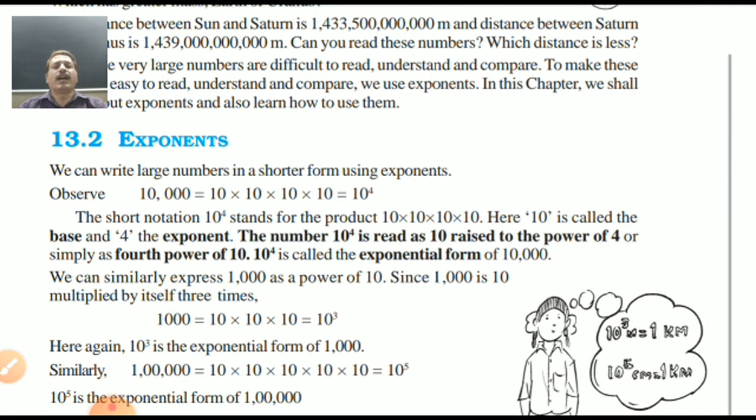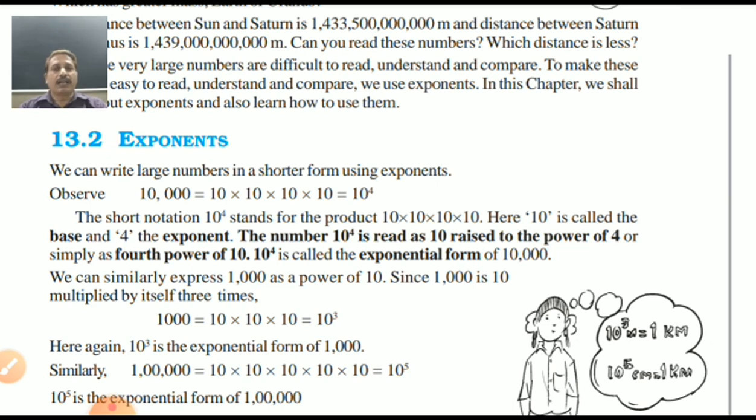We can write large numbers in a shorter form using exponent. Observe the number 10,000. Can we write 10,000 is 10 into 10 into 10? 10 tens are 100, 100 tens are 1000. And 1000 tens are 10,000.